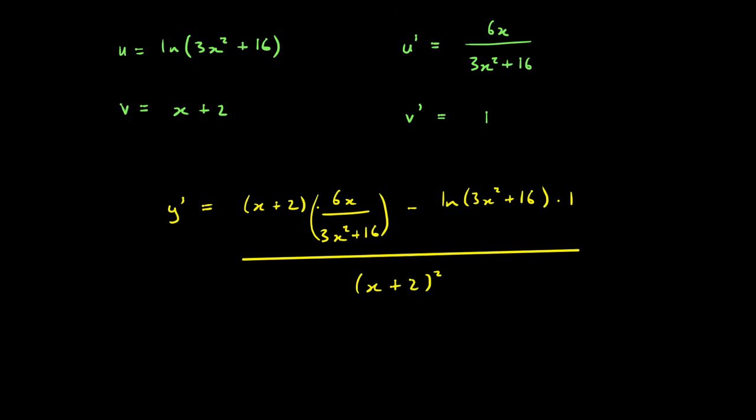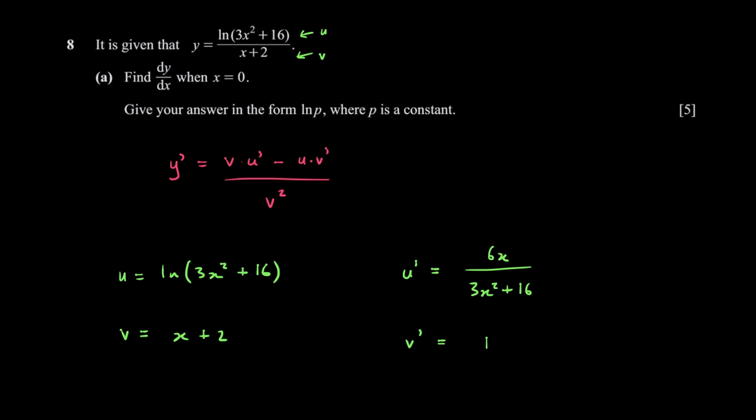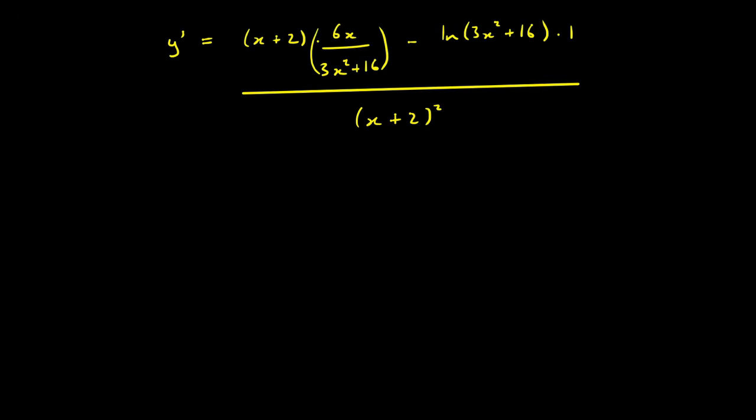Sometimes when we do this, we've got to simplify everything, but in this question that's totally unnecessary. Why? Because we're asked to find the value when x is equal to 0, so I'm going to substitute x is 0 straight away. That's going to make my life a lot easier.